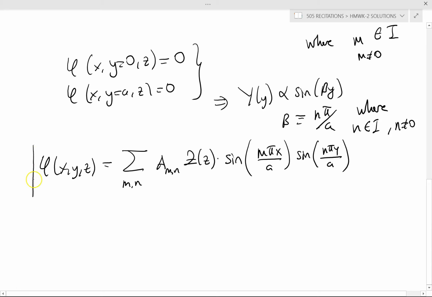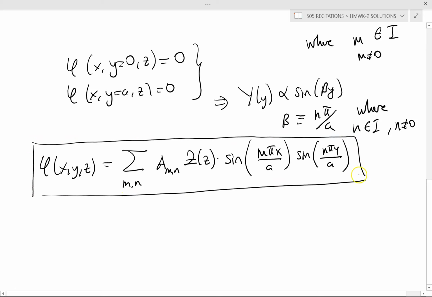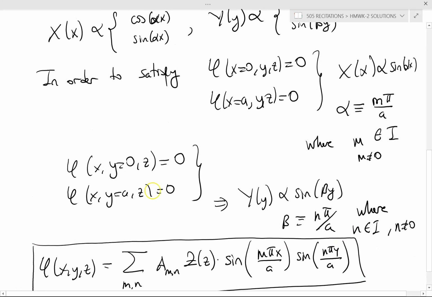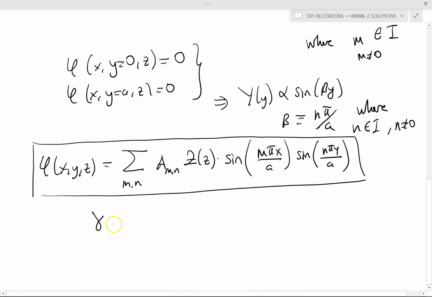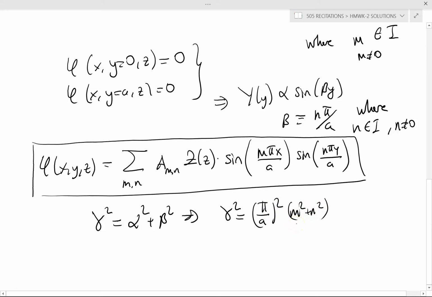And also remember that we have already written it down: gamma square is equal to alpha square plus beta square, which means that gamma square is nothing but pi over a squared times m square plus n square. That's also another important point we need to remember.